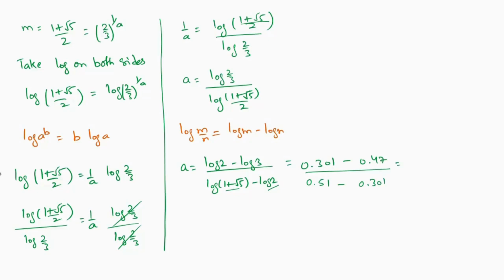So on solving this, we get minus 0.169 over 0.21. So on solving this, we get minus 0.808. So the value of a equals minus 0.808.